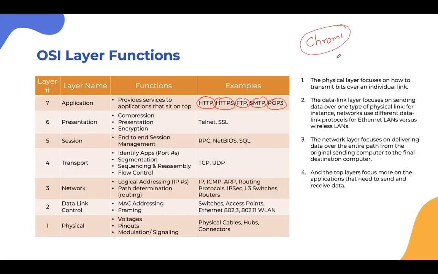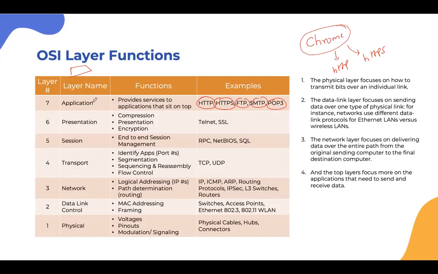Say, for example, I'm using a normal site. It will use the HTTP protocol to connect to it. Maybe I'm using net banking or social media. It will use the HTTPS protocol to connect to that particular site. So the application, listen to this carefully, is sitting on top of the application layer.